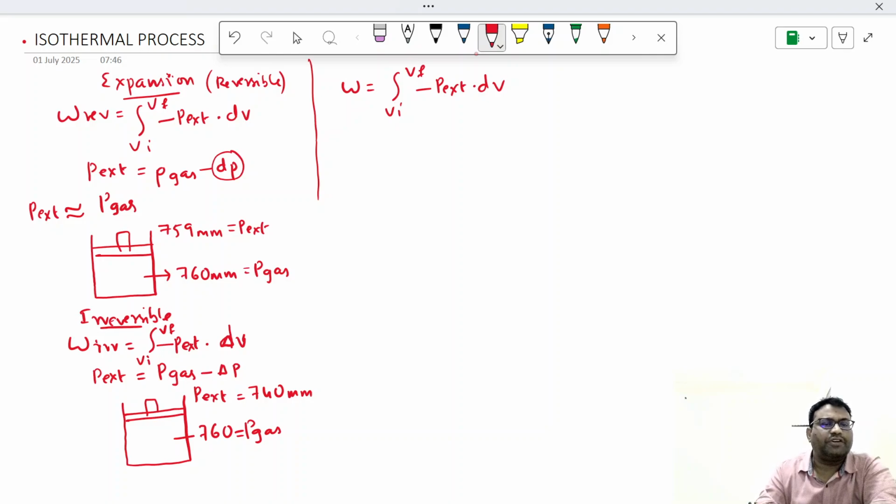In the reversible process, external pressure is more, whereas in the irreversible process, external pressure is less. That is the reason why during expansion, work done in reversible process is greater than work done in irreversible process. Understood? Okay. Now coming to compression.